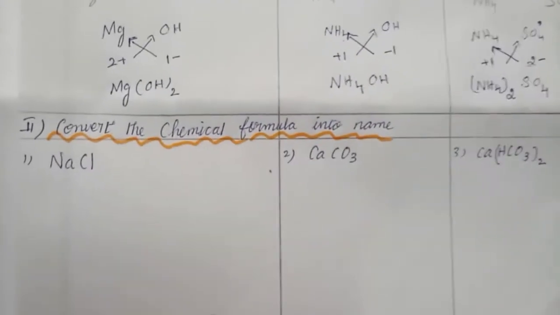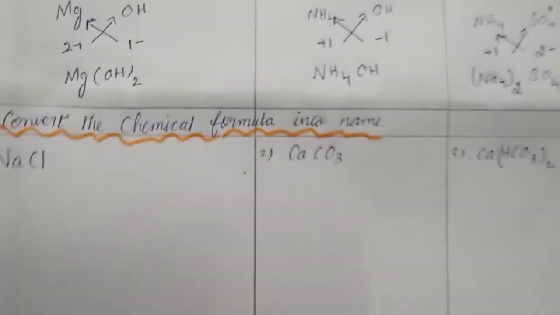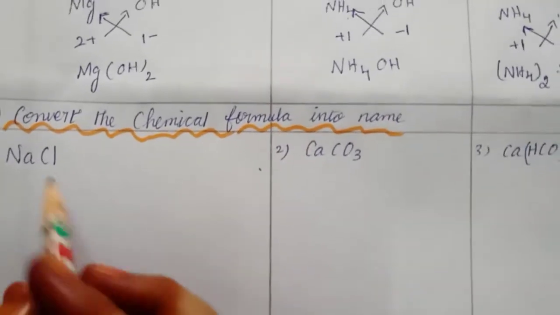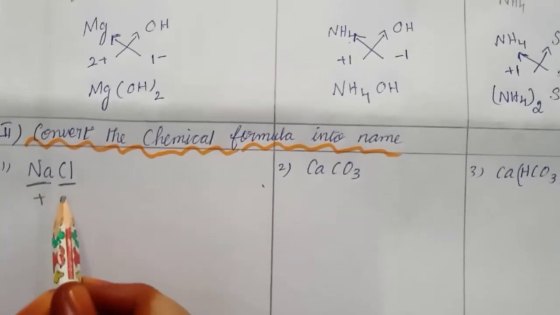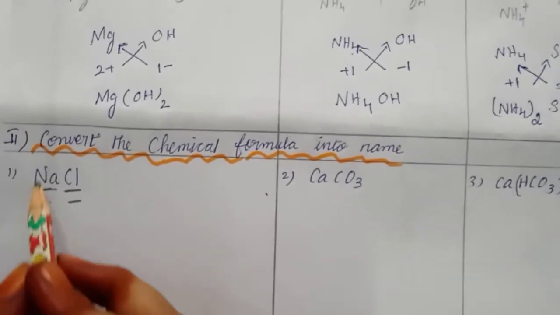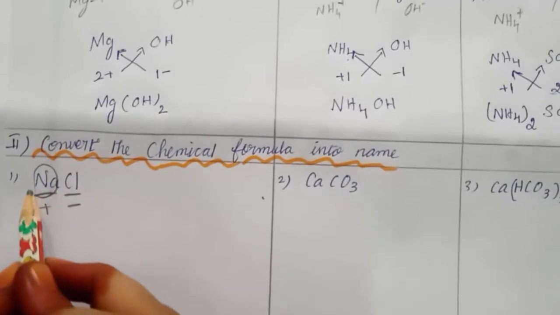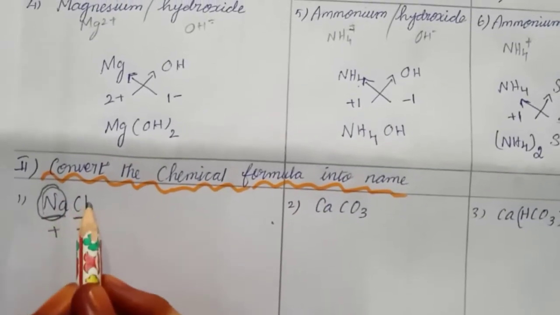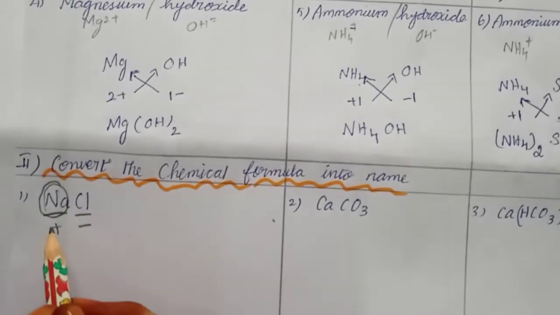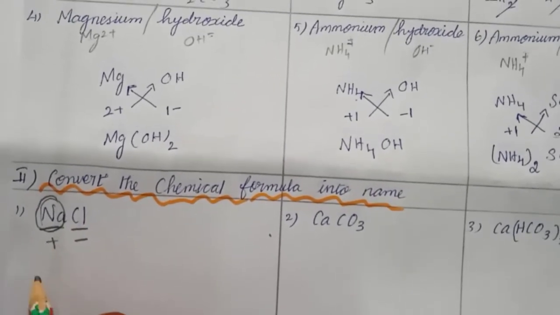Okay students, previously I told that the first one is a positive ion, the second one is always a negative ion. First we have to identify the name of the positive ion, and we can write the negative ion name as it is. First one, Na.